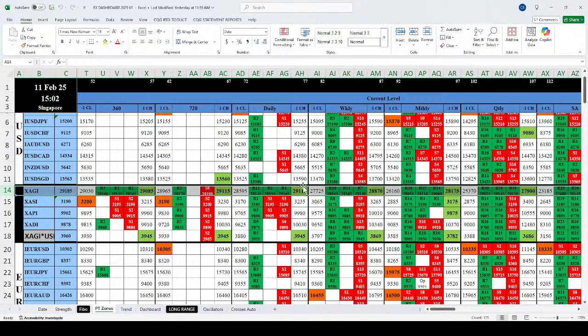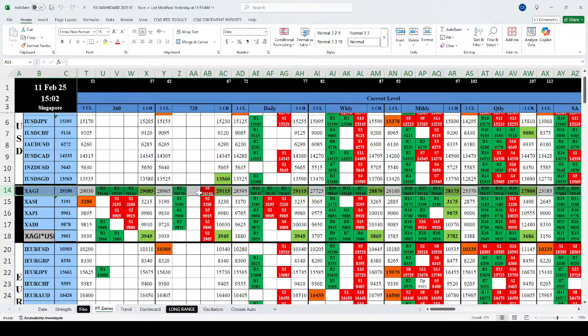And on the daily, this is also coming into the selling zone area. So the clue, like as I said earlier on, most likely we may have seen the high. We may have seen the high, and we should be looking for a correction down.